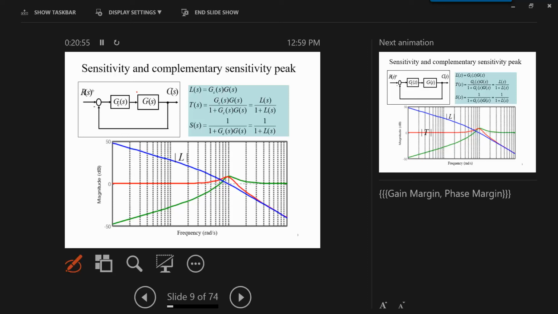So this is minus infinity, which means 10 to the minus infinity. So this is 0. The error is 0 in this case for a type 1 system.